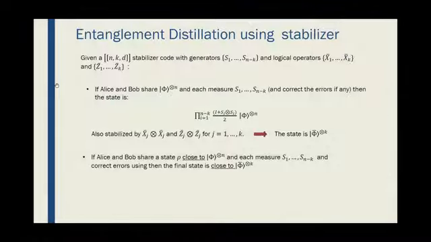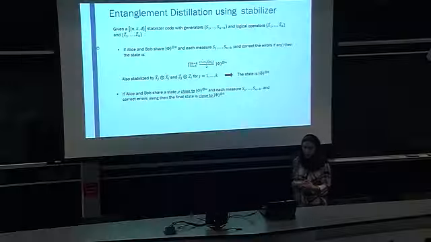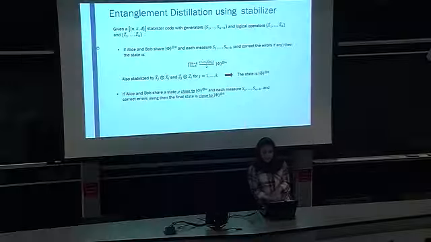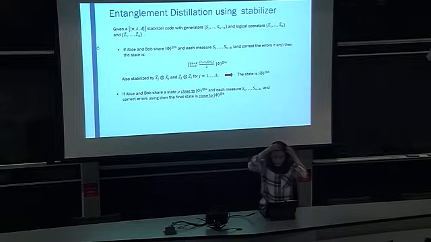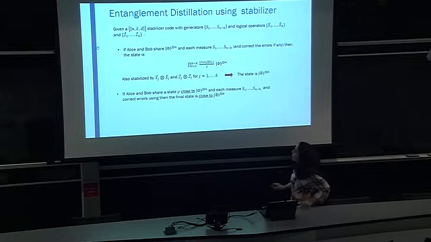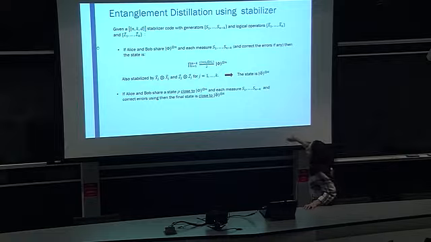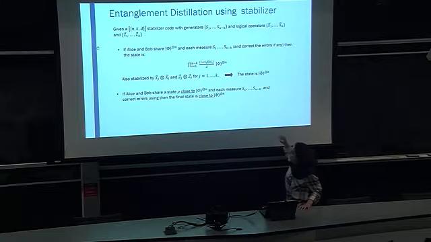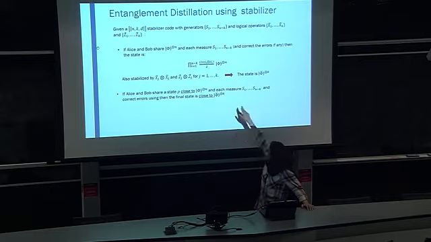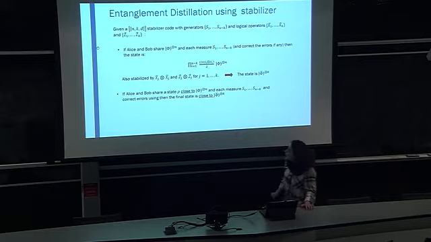So suppose that we have a stabilizer code with generators S1 to S_{n-k}, and logical operators x1 bar to xk bar and z1 bar to zk bar. So if Alice and Bob share a perfect n pairs of EPR pairs, and each measure the generators on their sides and get the syndrome and correct the error, their final state is the state here.